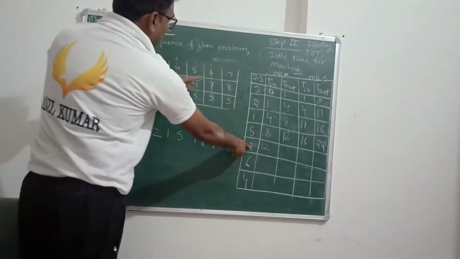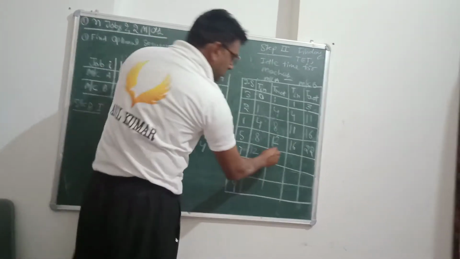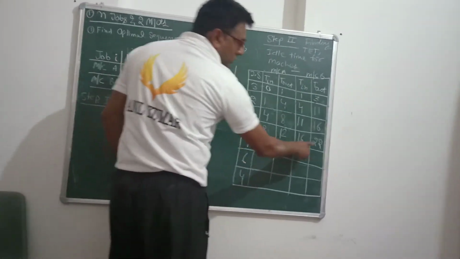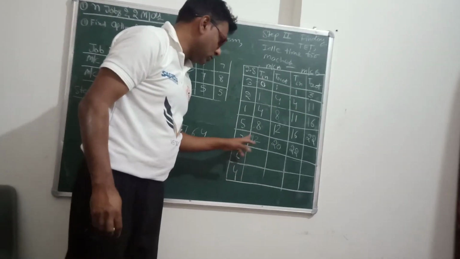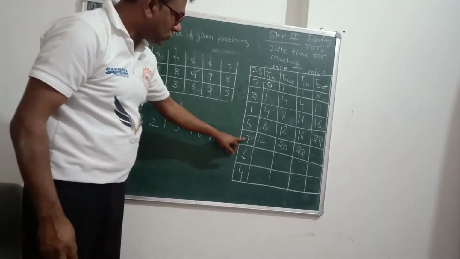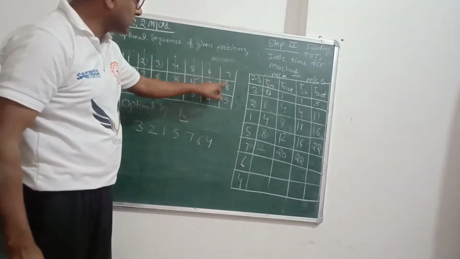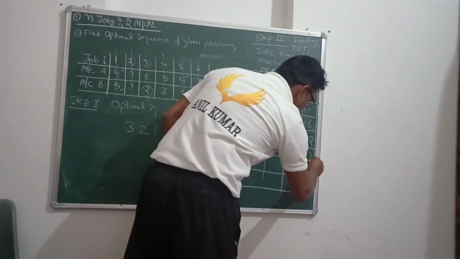For the 7th job, the processing time for machine A is 8, so the out time will be 20, and from 22 and 20, 22 is the maximum, so machine B will perform the next task on job 7 at the 22nd minute. The processing time is 5 minutes, so it is 27.